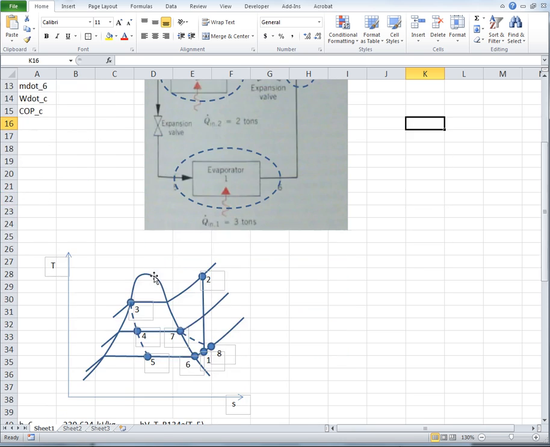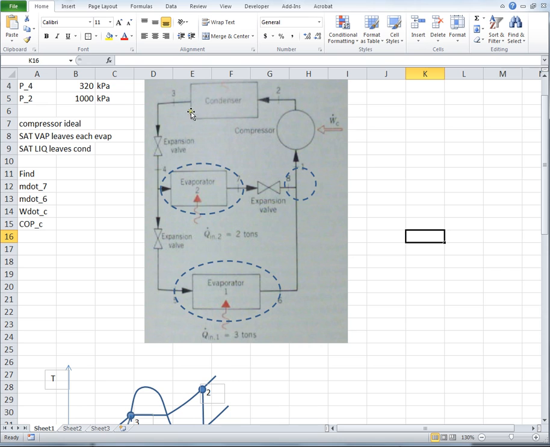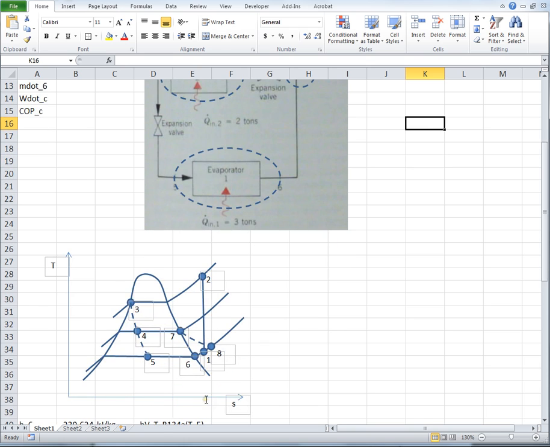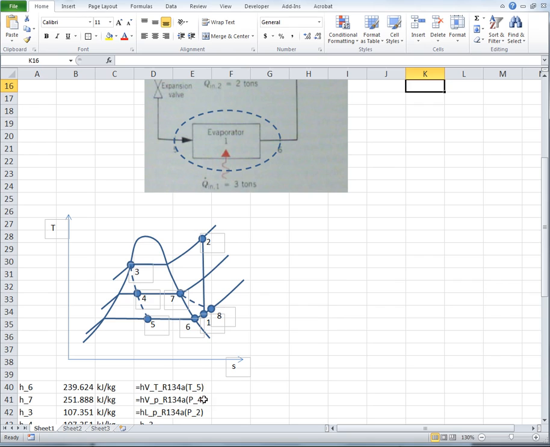It's also been a pretty good exercise in going from the hardware and state descriptions to a TS diagram and how you can piece that together. That's also often very helpful in trying to solve some of these problems.